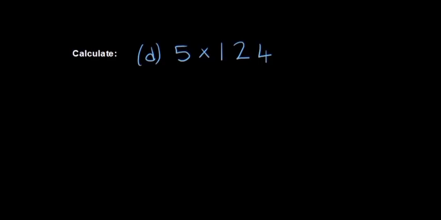In this question, we're going to use the distributive property to multiply a single digit number with a 3-digit number. So the plan is to cut this 3-digit number first.